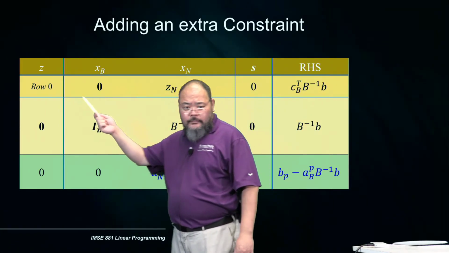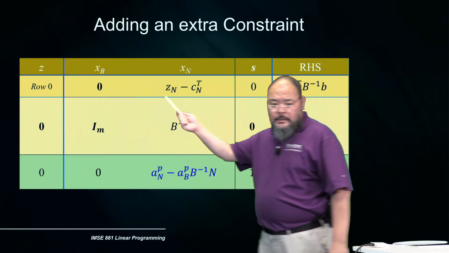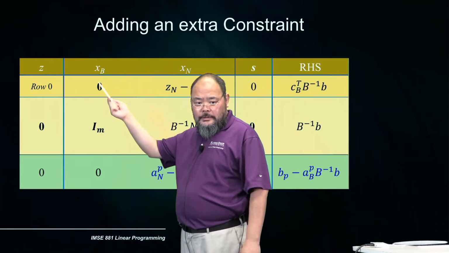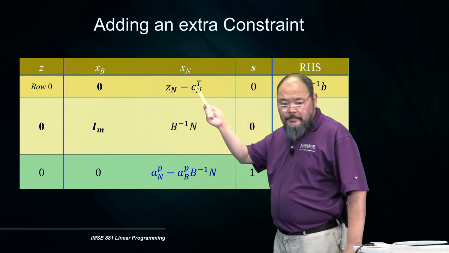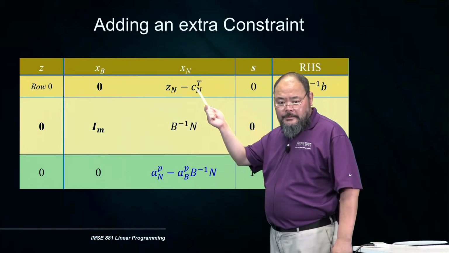So we still have row 0. I separate them into xB, the current basic variables, and xN, the current non-basic columns.